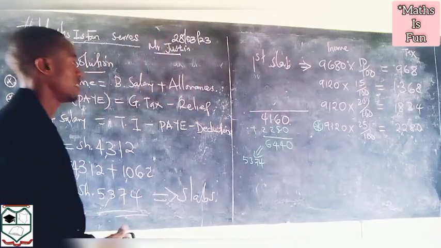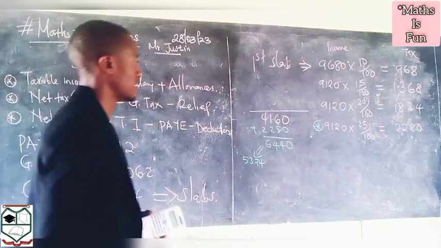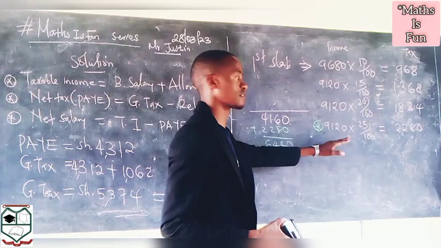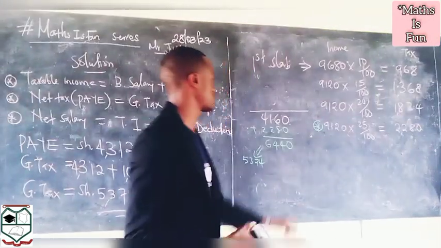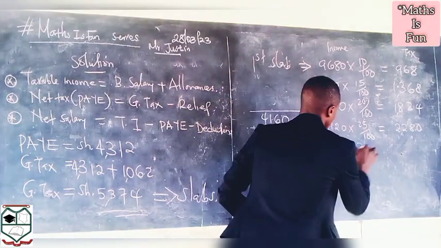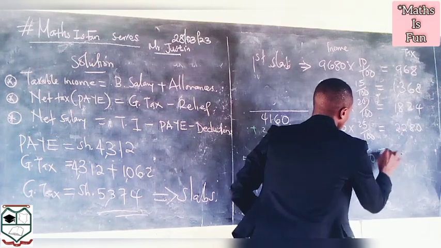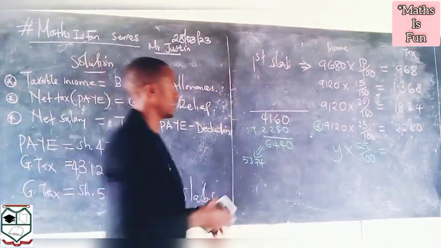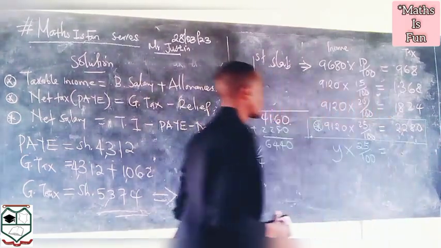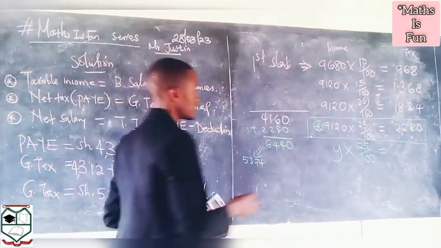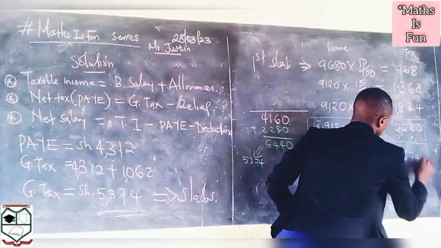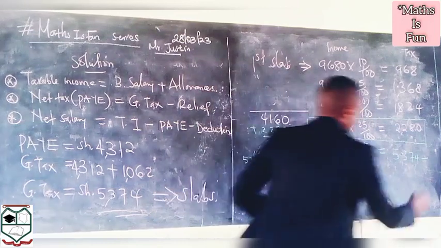So let us not call the difference 9120. Now let us call it a certain value, y, such that if we multiply it by 25 over 100, it should give us the balance, that is 5374 minus 4160.